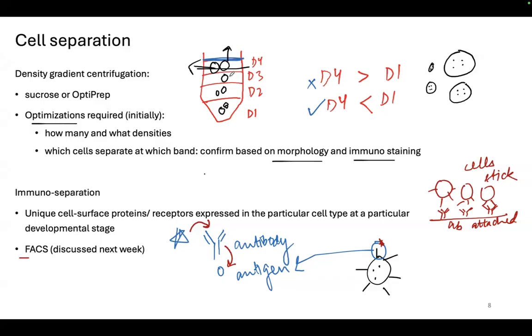This can be great for some cells, it's much simpler, but it often lacks resolution. In this case, as long as you have something unique on the cell, so we restrict it to a cell surface receptor. Inside is also possible, but we'll come to that next week. If it's outside the cell, you can use this approach.